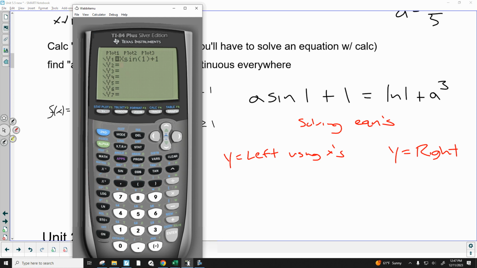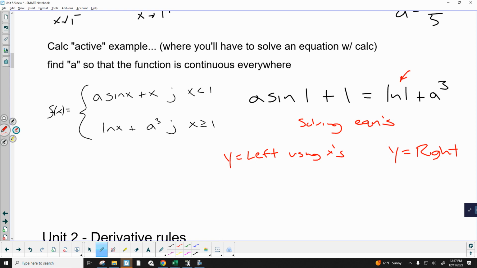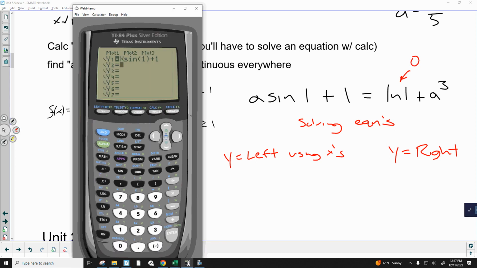On the right side, I could type in log 1 plus x cubed, or just x cubed. I know that the natural log of 1 is 0, but a lot of you lose all semblance of confidence that you have in your mathematical abilities when you have a calculator. So most of you will type in log 1 because you're worried, plus x cubed, but it's okay.